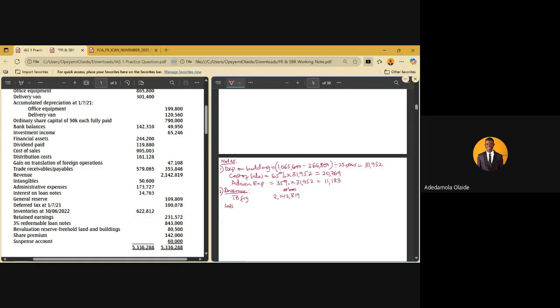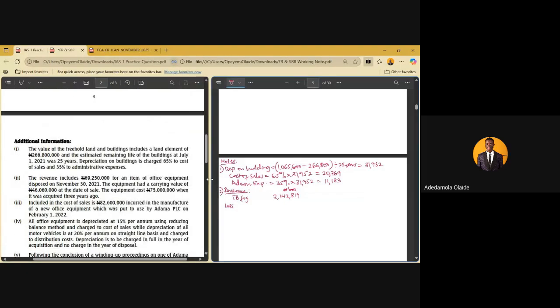Less proceeds from disposal, which is 69,250.